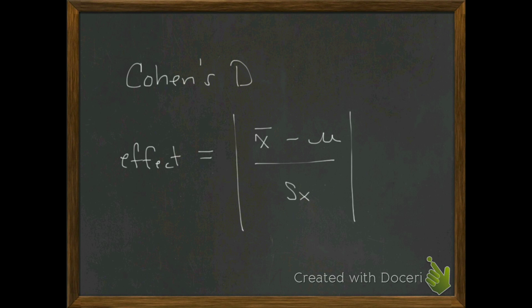Now typically where Cohen's d really comes in handy is when we look at treatments and we're looking at the difference of population means. But we're looking at this in the simplest case. So what we're going to do here, well, I don't remember, so let's go back and take a look at it.